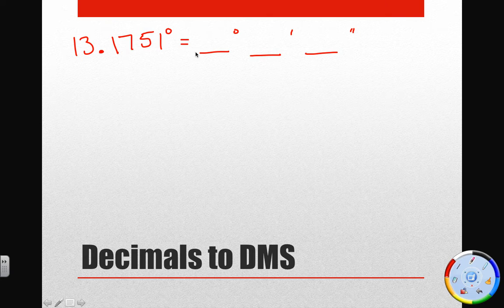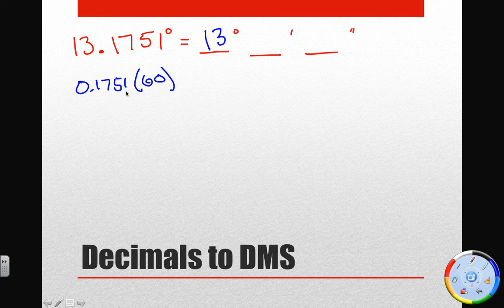Well, I know this has to be 13 degrees. I just got to figure out what's the smaller parts. Well, here's the math that we're going to do. I want to know how much of 60 is 0.1751.